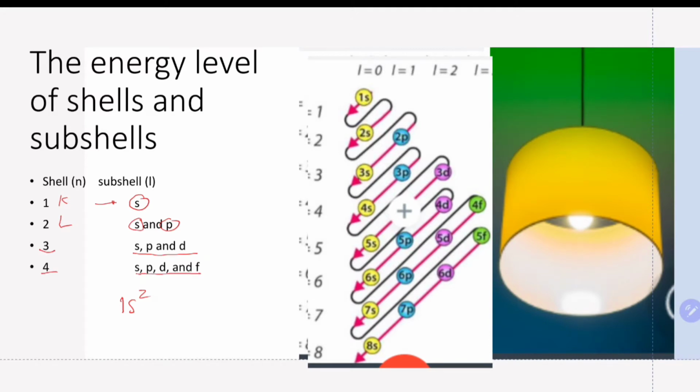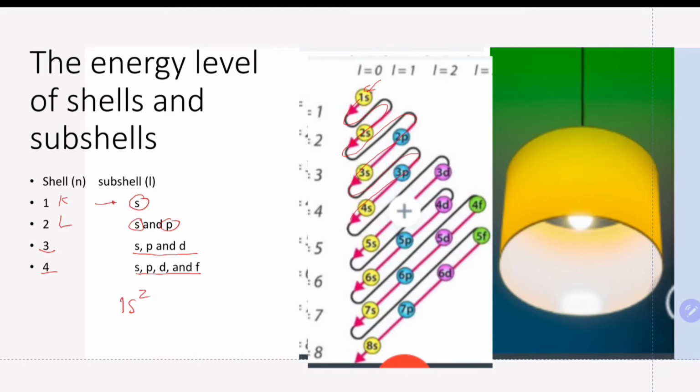And then here's the hierarchy, the energy level. We follow the arrows here: 1s and then 2s and then 2p, 3s, 3p, 4s.